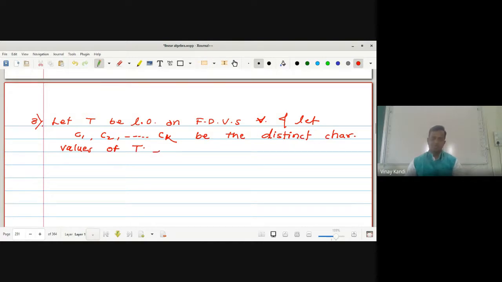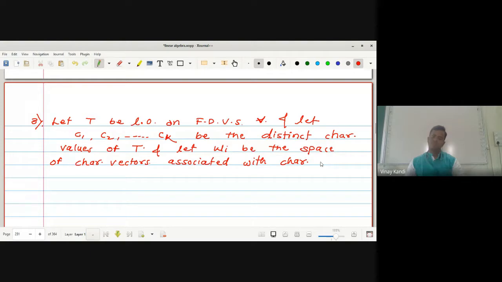Let Wi be the space of characteristic vectors associated with characteristic value Ci.